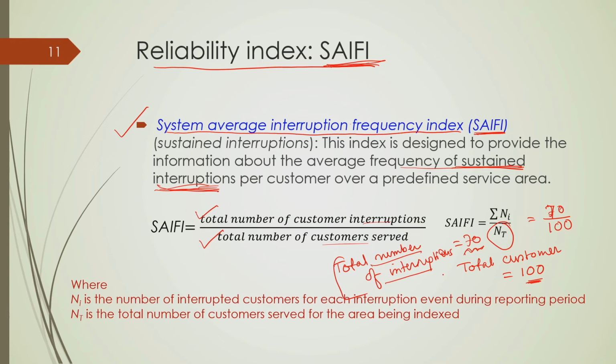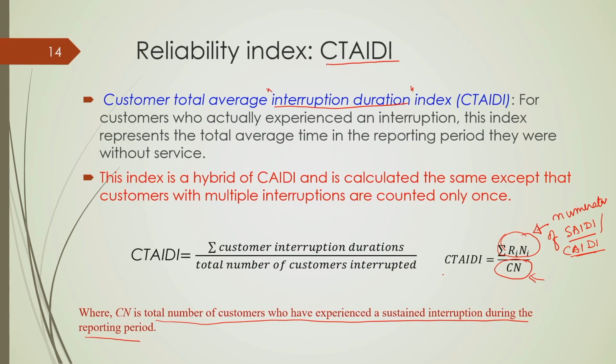Okay. So, if we exclude the customer interruptions of customers who experience multiple interruptions, and these multiple interrupted customers are counted only once, then whatever value we get will give the total number of customers who have experienced a sustained interruption during this reported period.